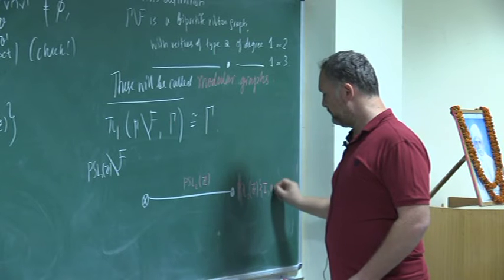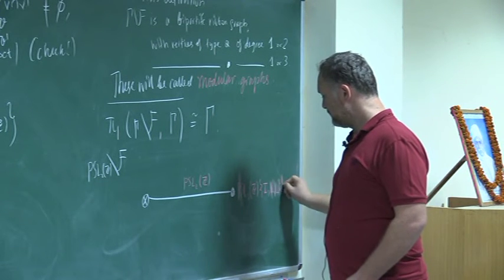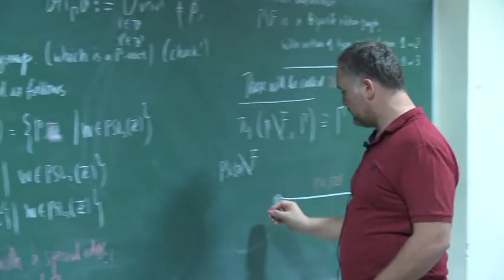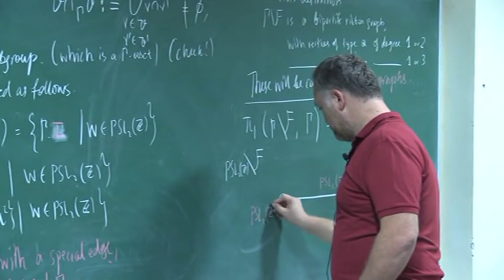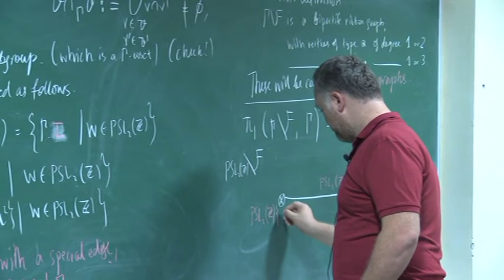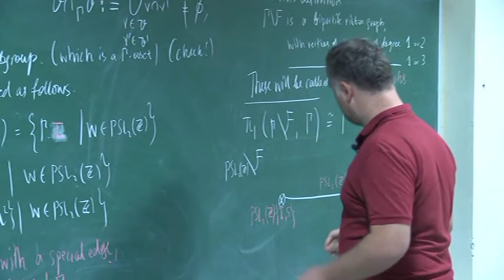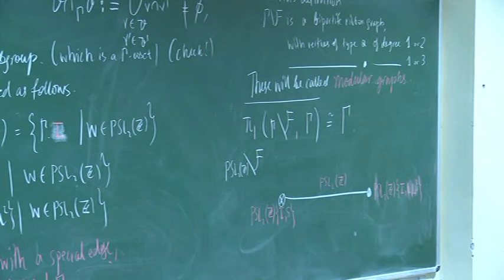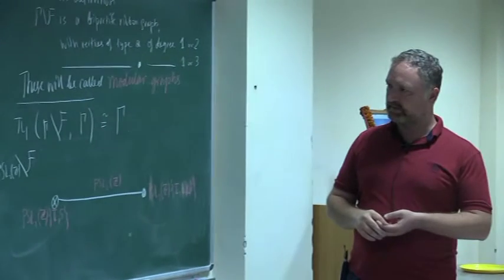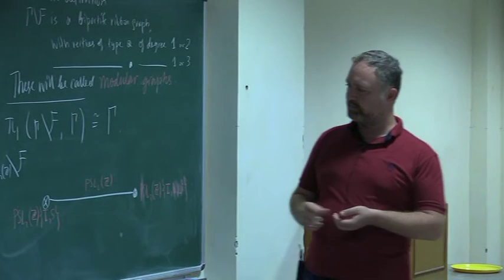This vertex is PSL2Z times i w, i L squared, and this one is PSL2Z times i S. Perhaps it is necessary to restate my claim in terms of this graph.